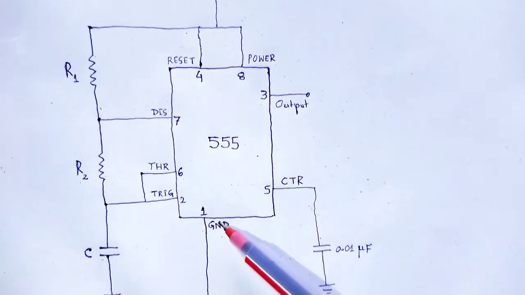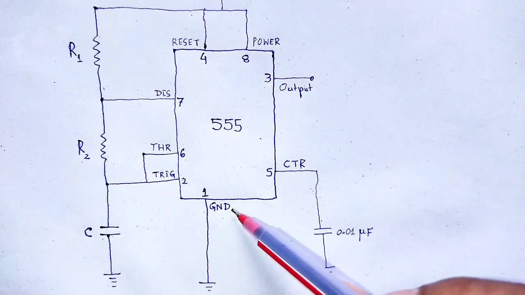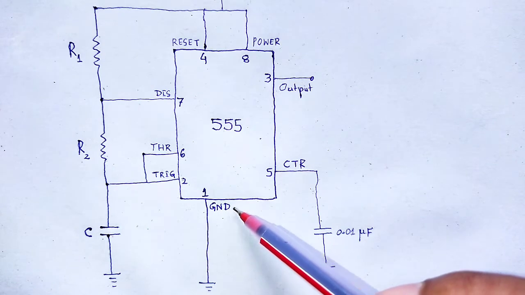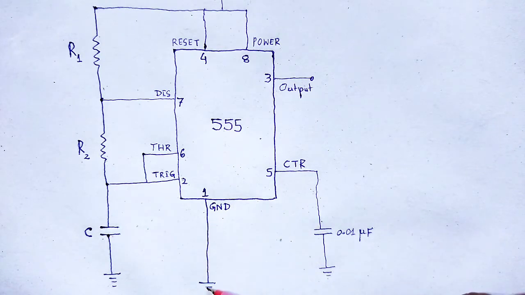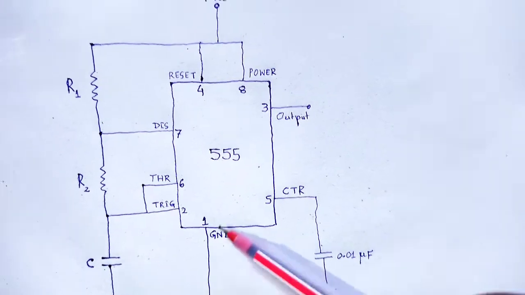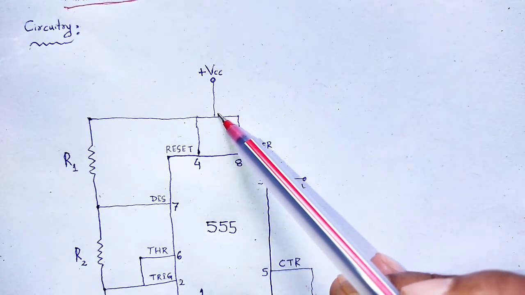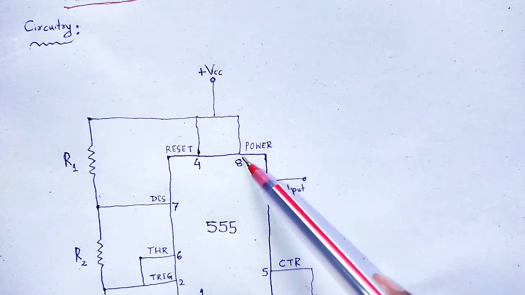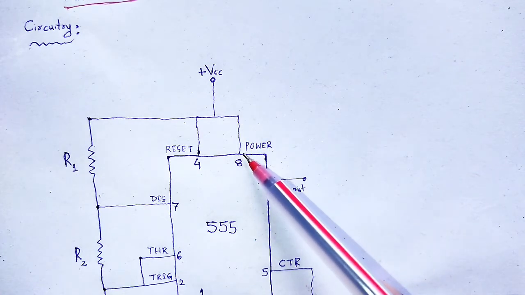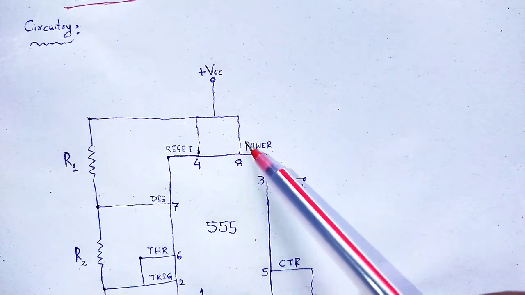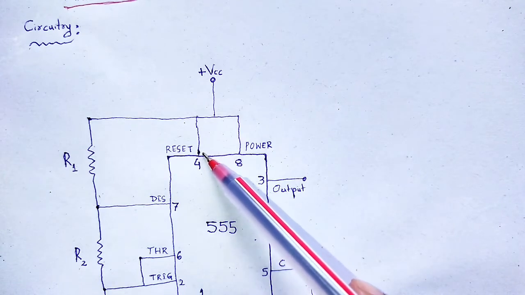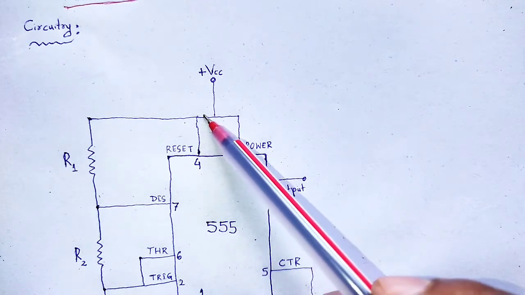So, here pin 1 is directly grounded, power VCC is supplied through pin 8, with which pin 4 is shorted.